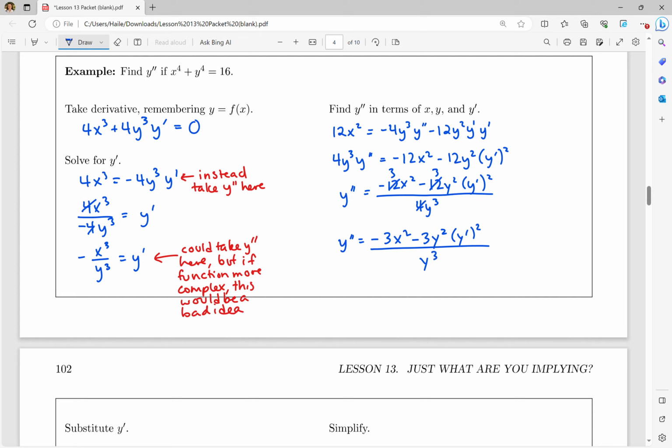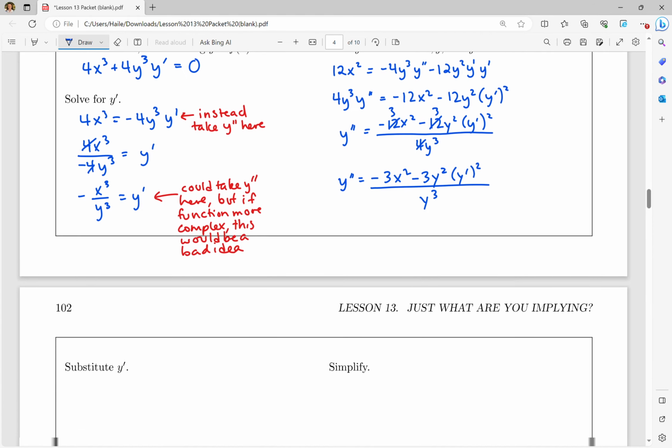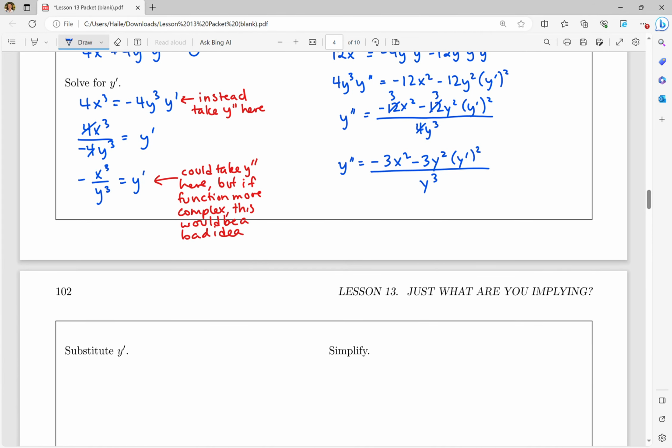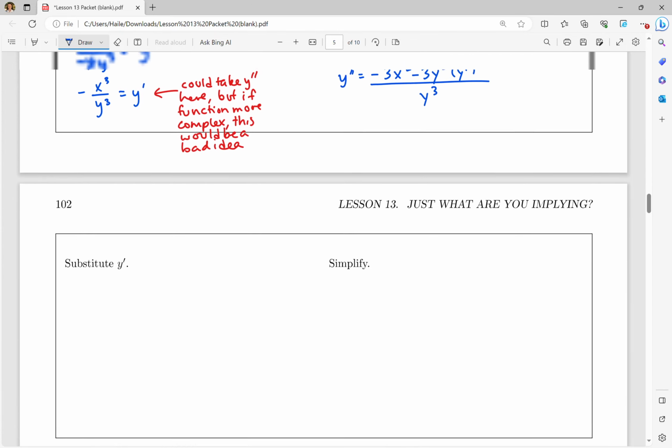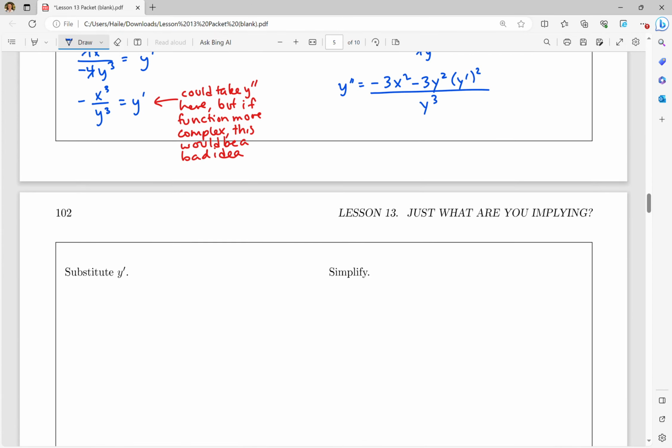So that's my second derivative, but just like the first derivative, notice that we only had x's and y's in that formula for the first derivative. I want to do the same thing with the second derivative. So I want to substitute my expression for y prime into the y double prime answer that I got.